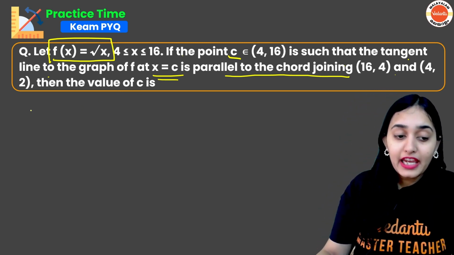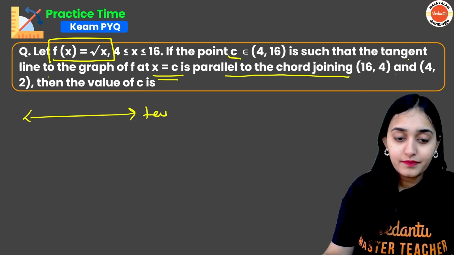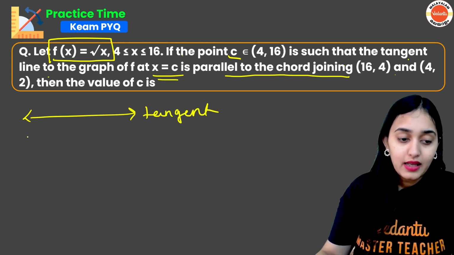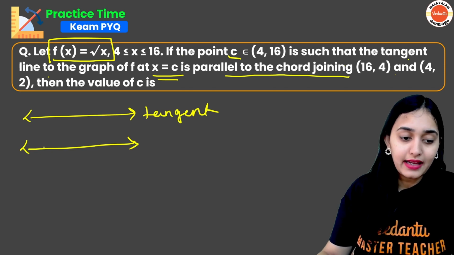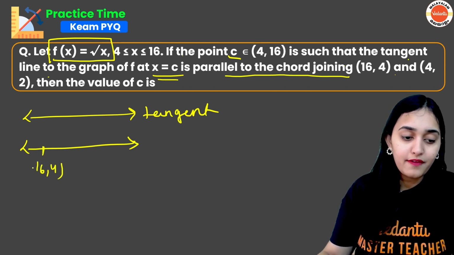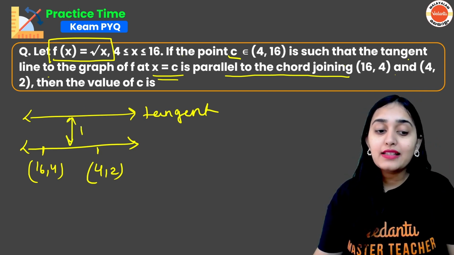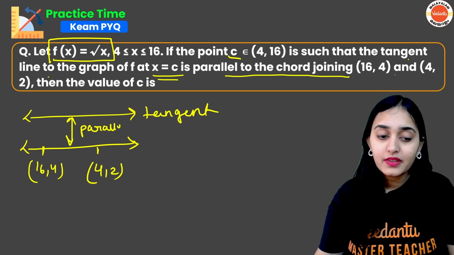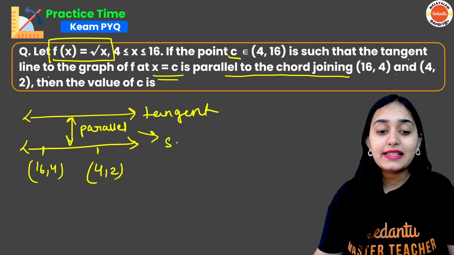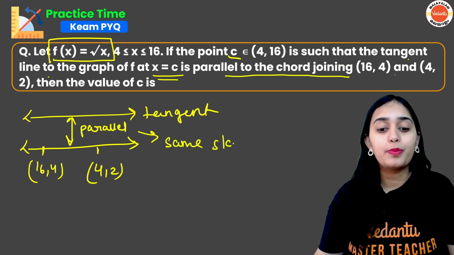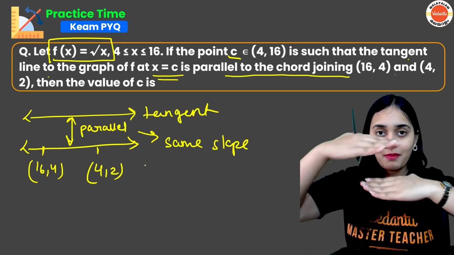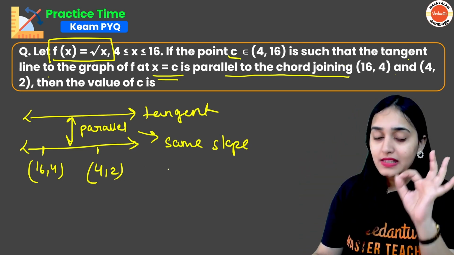First, if your tangent is parallel to this line having 16, 4 and 4, 2, then remember, if 2 lines are parallel, they have the same slope.